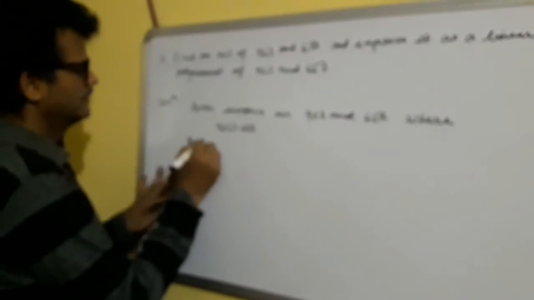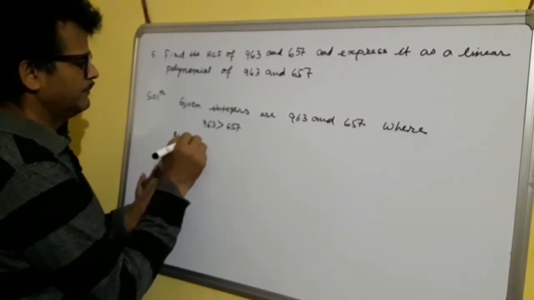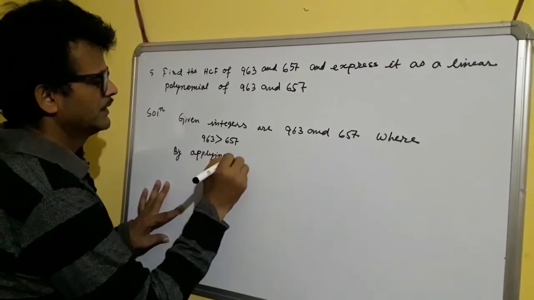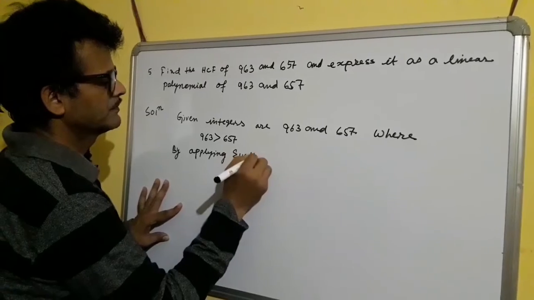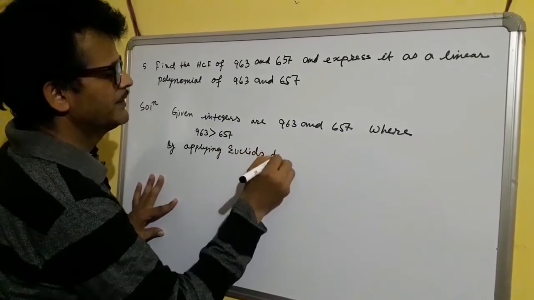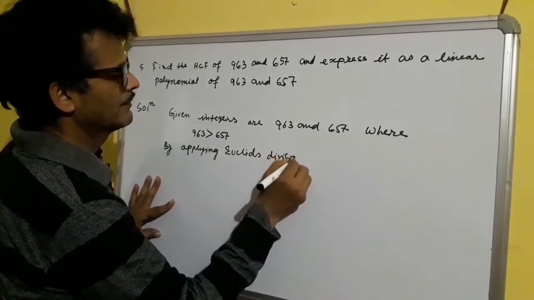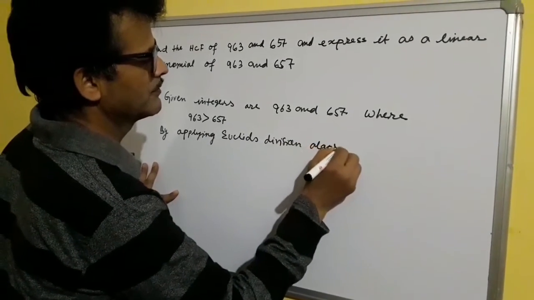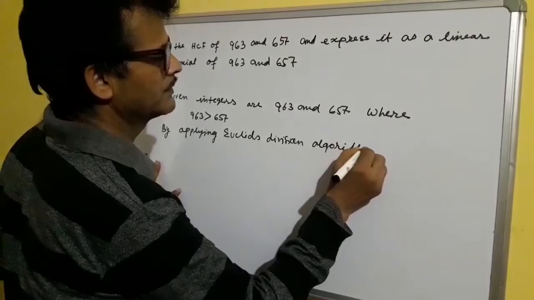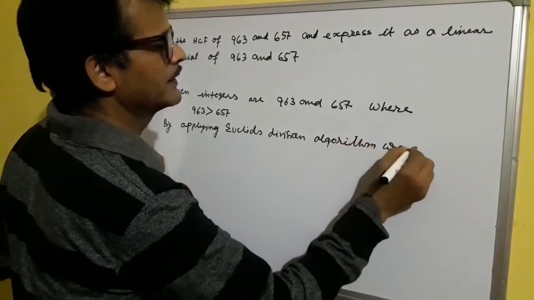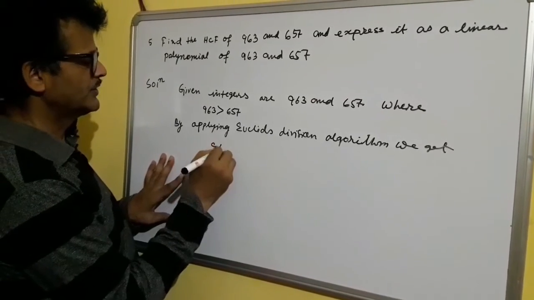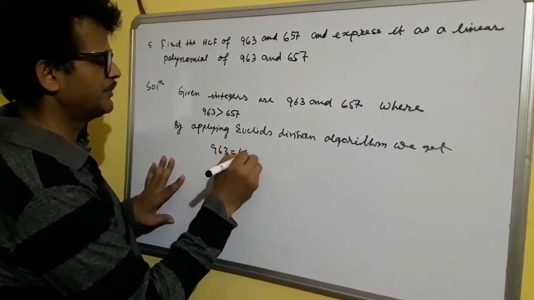By applying Euclid's division lemma or division algorithm, we get 963 is equal to 657 into 1 plus remainder.